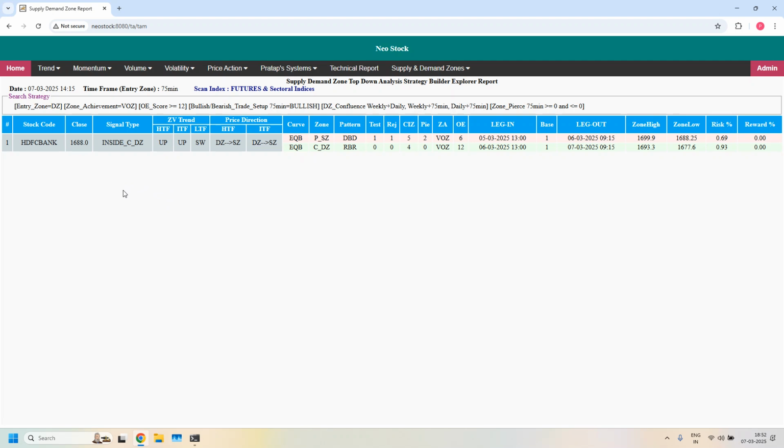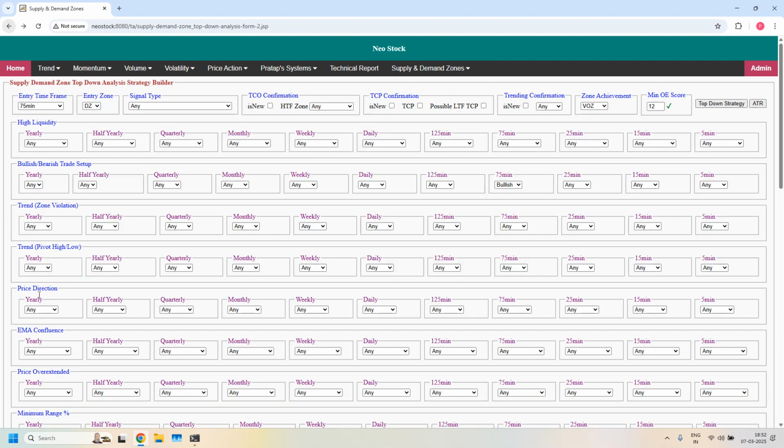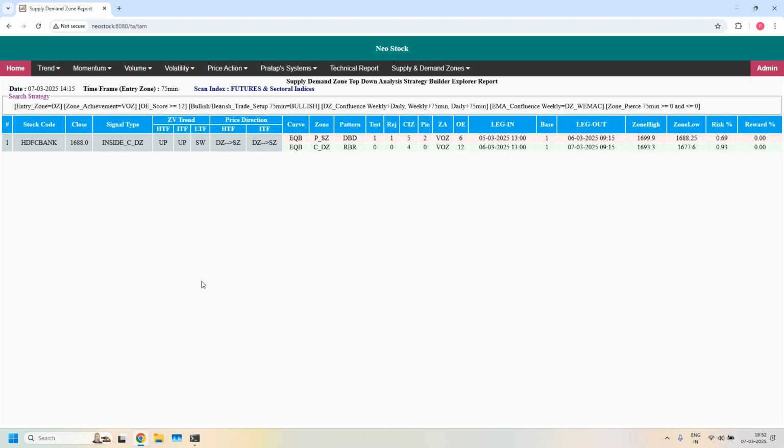Let's verify. In the EMA confluence at weekly time frame, I am setting the filter weekly demand zone having weekly EMA confluence. With this filter, we got the stock. That means this stock might be having an even higher probability to succeed.